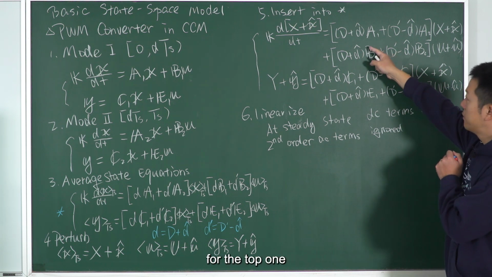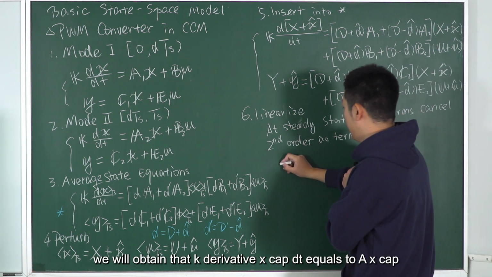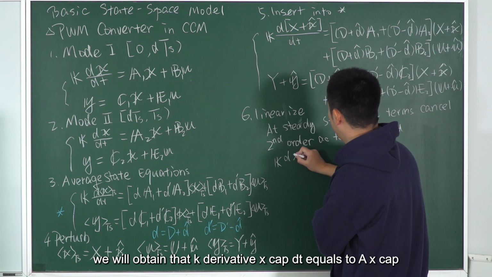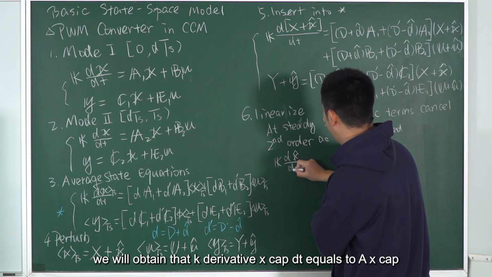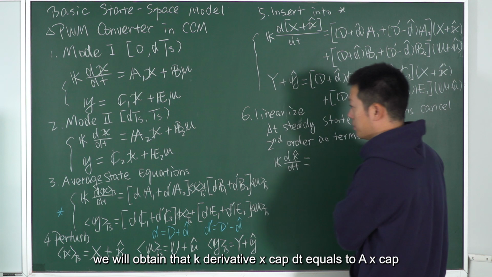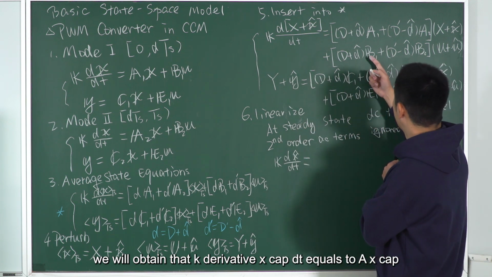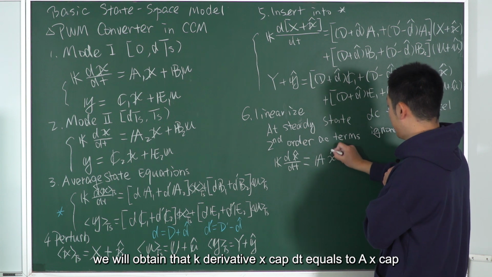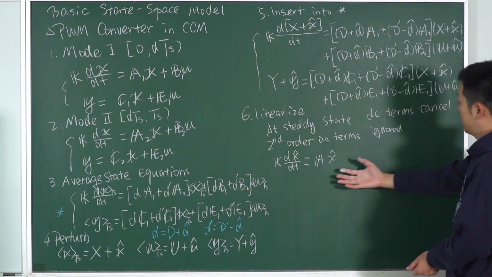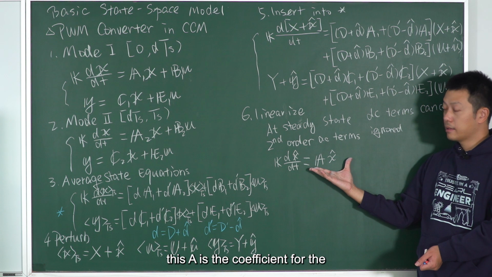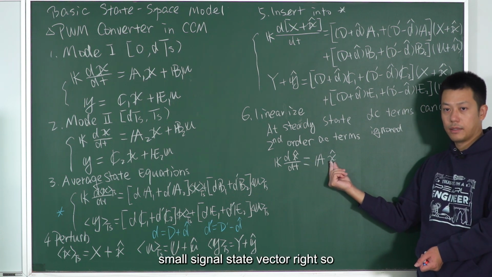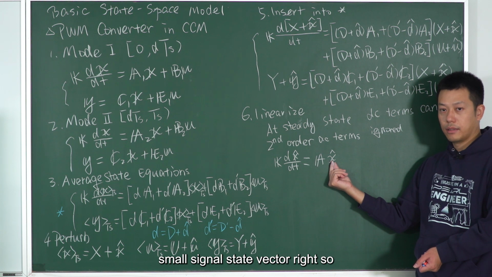For example, for the top one, we will obtain that K derivative x cap dt equals to Ax. So this A is the coefficient for the small signal state vector, right?